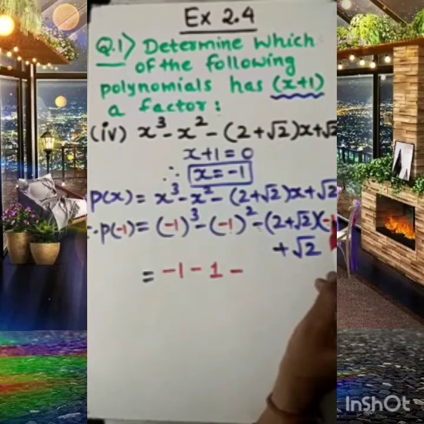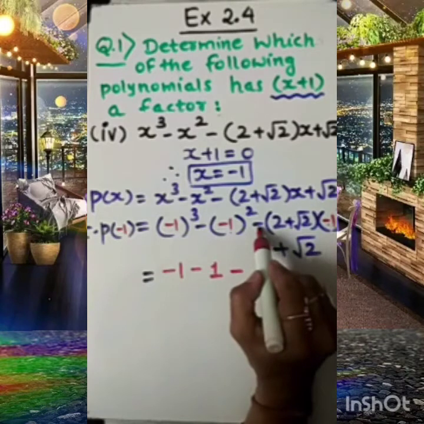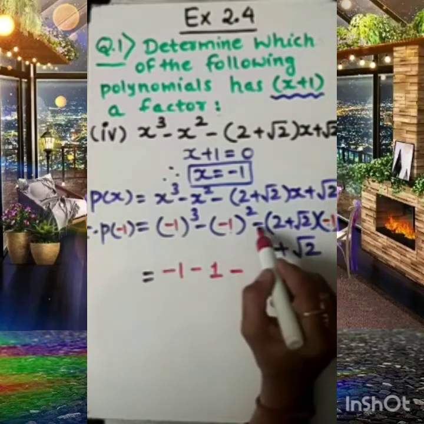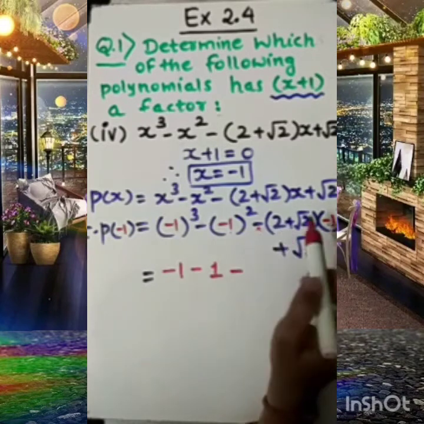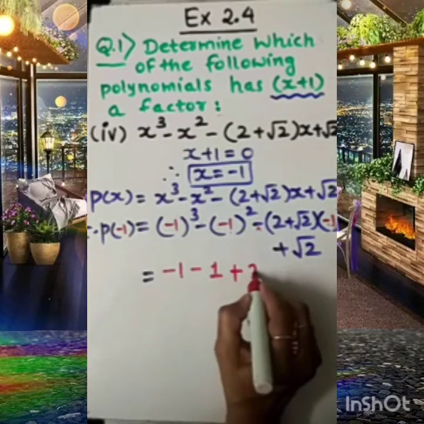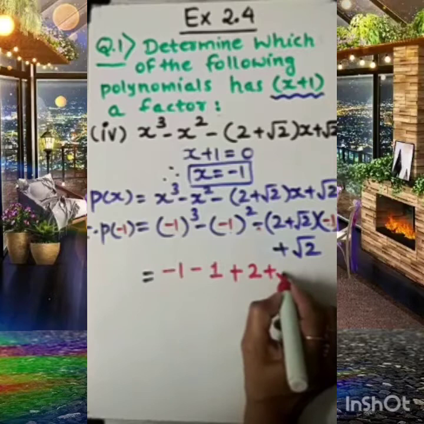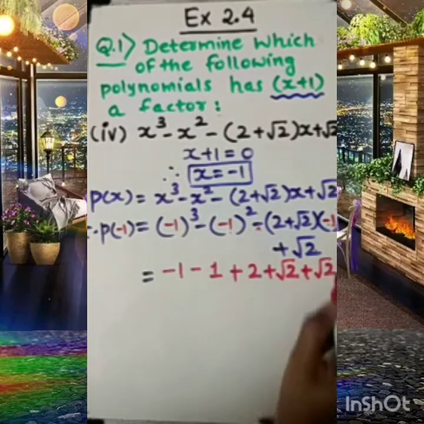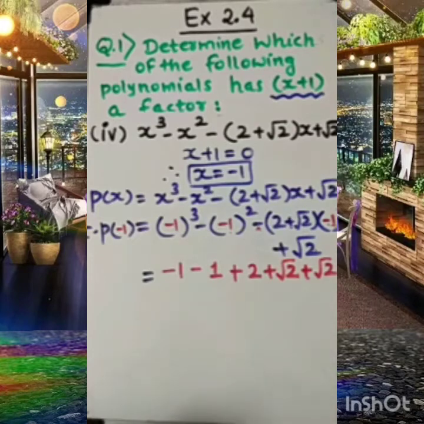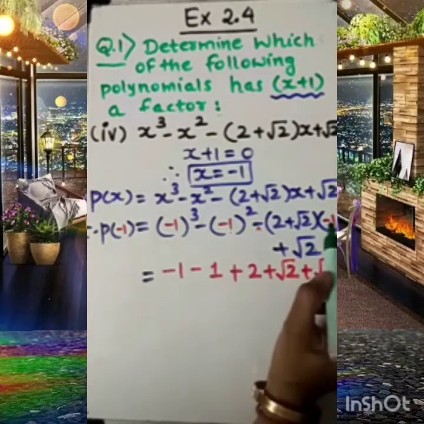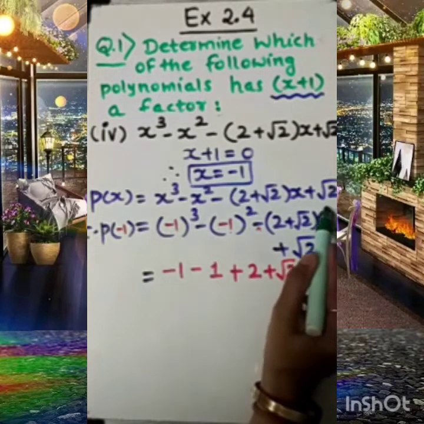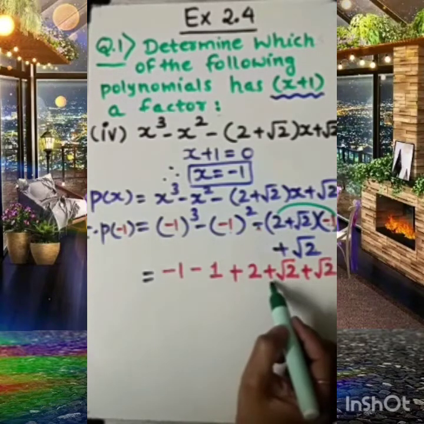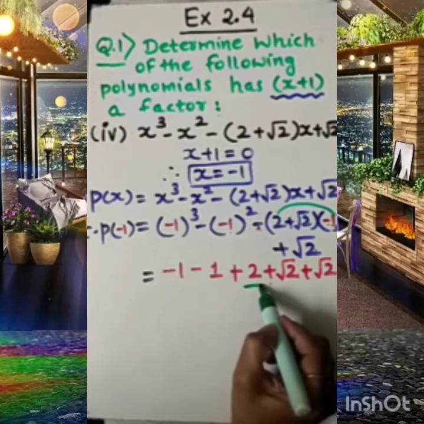Because as we are going to multiply this full term with minus 1, that will become plus already. So our equation will become plus 2 plus root 2, and of course here plus root 2 is there. This step is very important to understand, because if I ask you to multiply minus 2 into minus 1, then it will become plus 2. This is the step we will get.